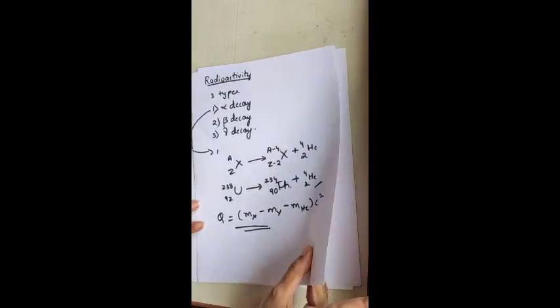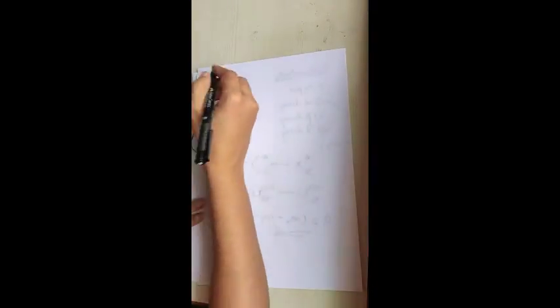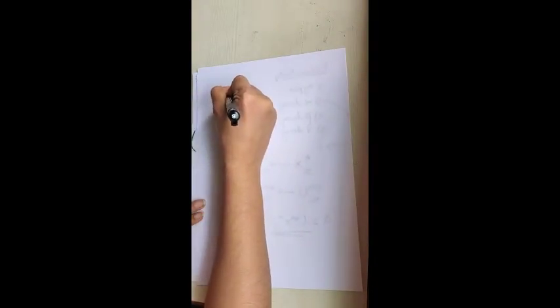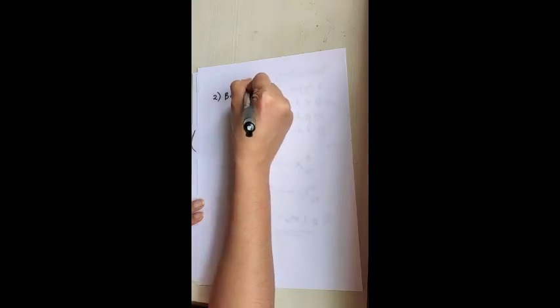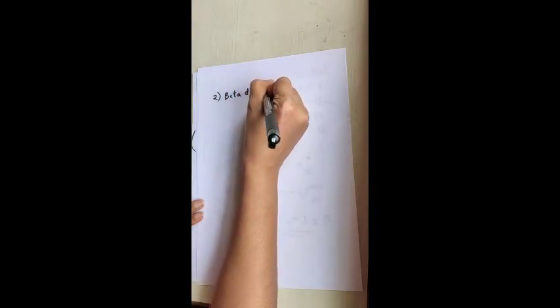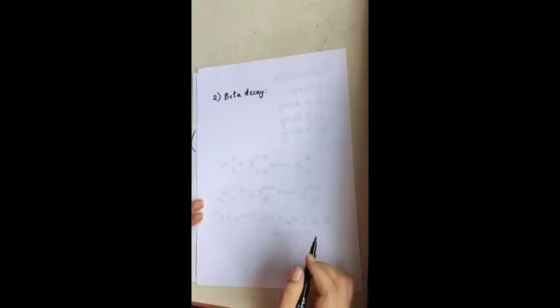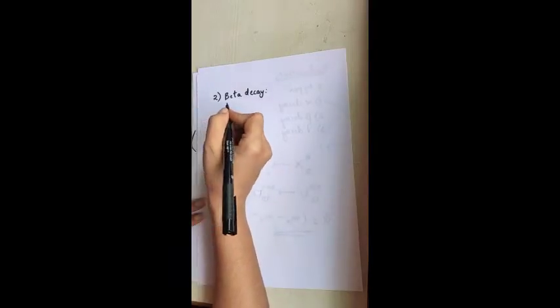Next is beta decay. The second one is beta decay. In beta decay, there are two types. In the first type, an electron is released. In the other type, a positron is released.